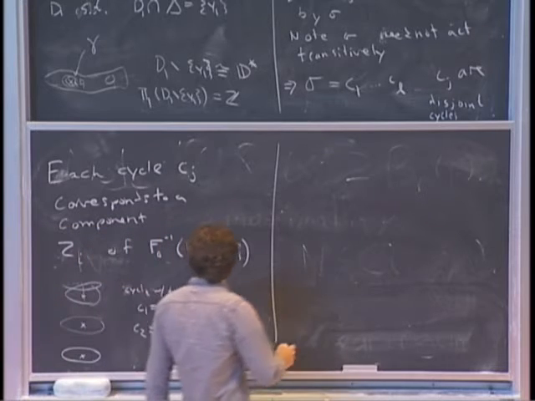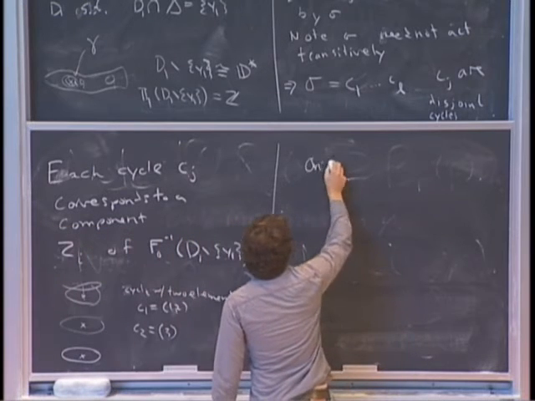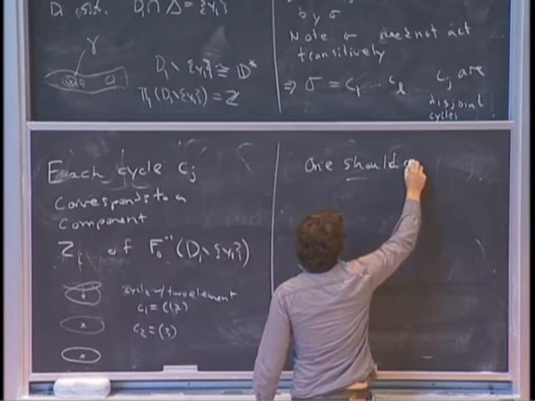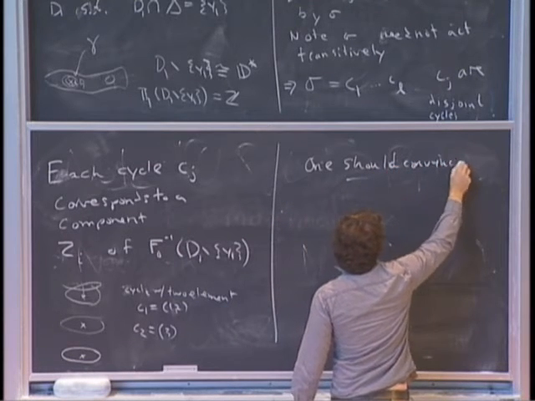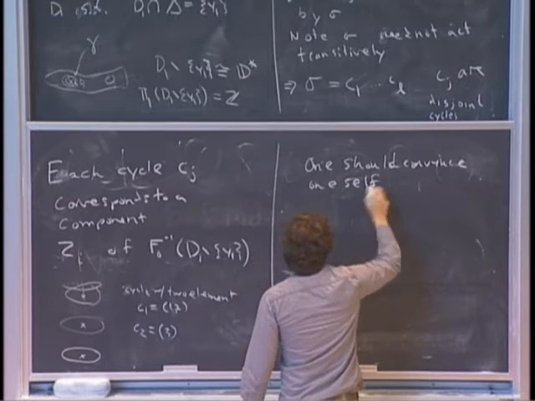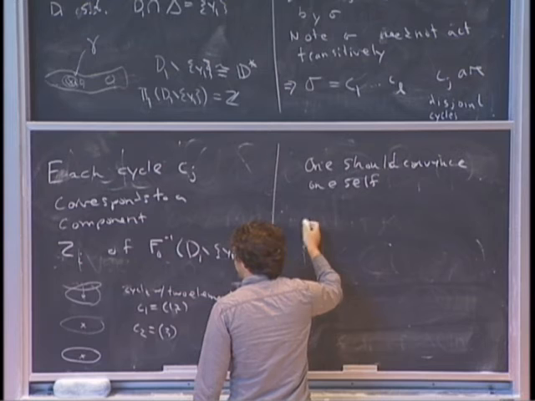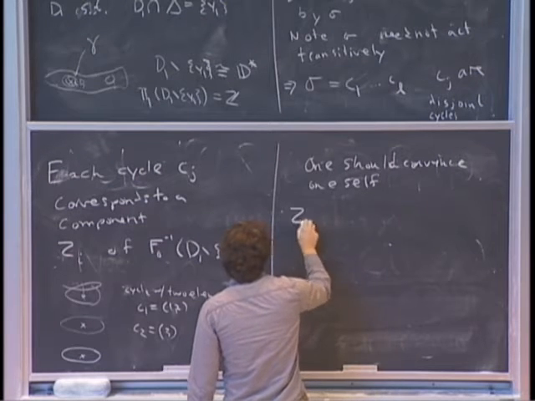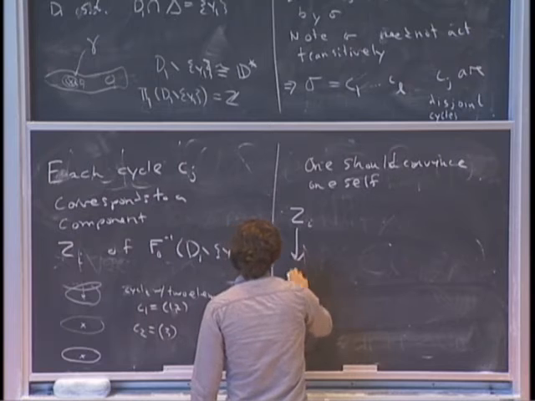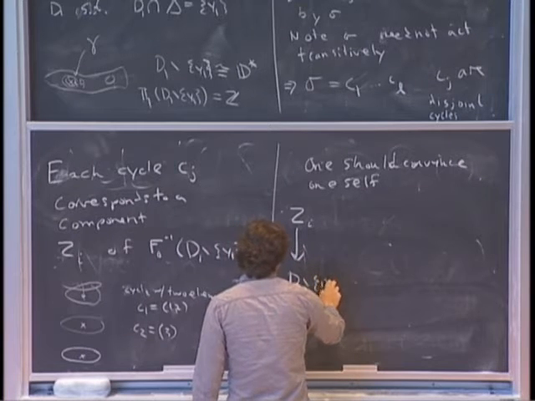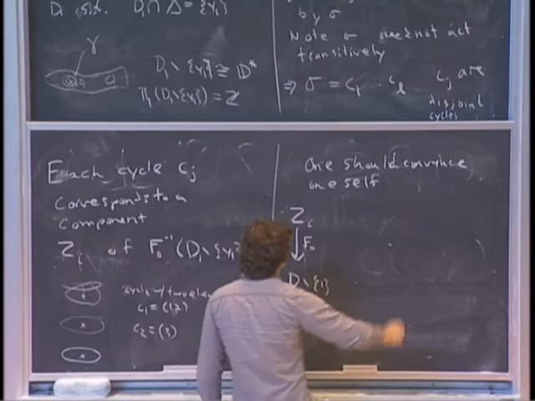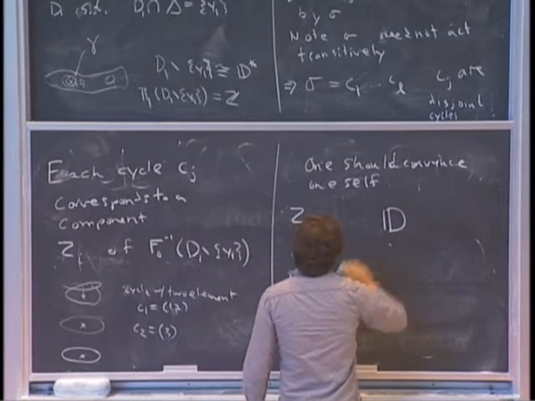One should convince oneself that Zi, mapping down to D1 minus the point by the restriction of F0, is the same as the following.